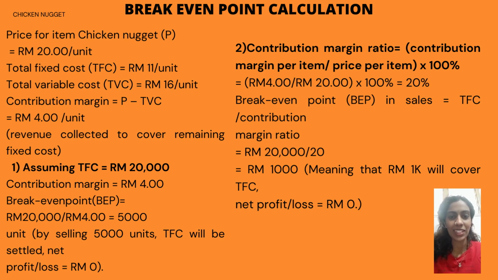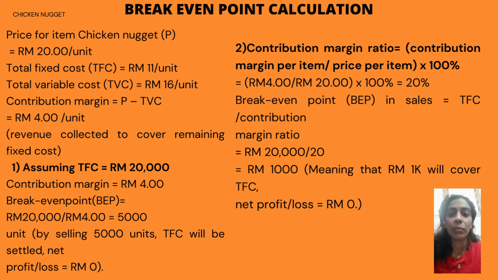In this slide, we are going to see the break-even point calculation, where the price per item of chicken nugget, which is P, will be 20 ringgit per unit, and the total fixed cost TFC will be 11 ringgit per unit. And total variable cost, which is TVC, will be 16 ringgit per unit. The contribution margin in our company, P minus TVC, will be 4 ringgit per unit, which shows the revenue collected to cover the remaining fixed costs, where we assume TFC will be 20,000 ringgit and the contribution margin will be 4 ringgit.